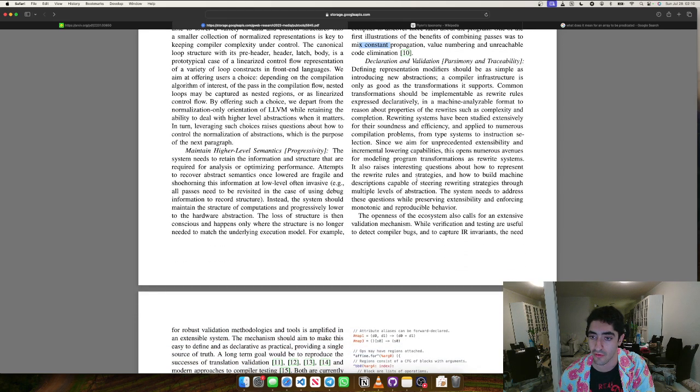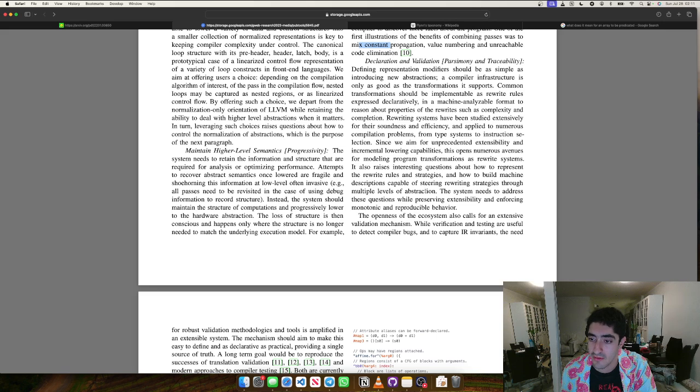Since we aim for unprecedented extensibility and incremental lowering capabilities, this opens numerous avenues for modeling program transformations as rewrite systems. It also raises interesting questions about how to represent the rewrite rules and strategies, and how to build machine descriptions capable of steering rewriting strategies through multiple levels of abstraction.